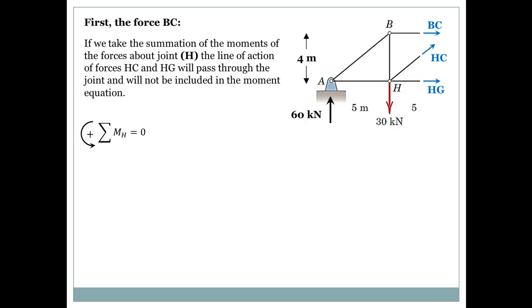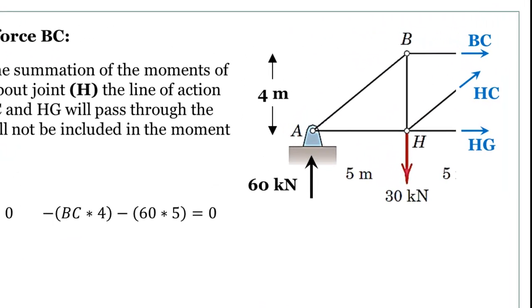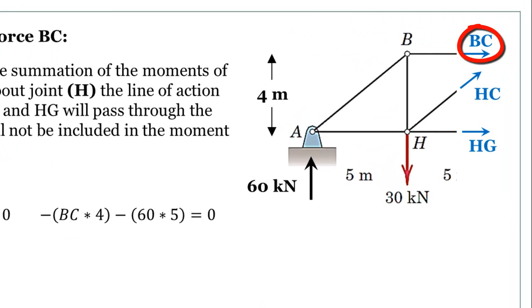So this is my summation of the moments about H, and I will assume the counterclockwise direction to be positive. Okay, so what do we have? We have BC times 4, and it should have a negative sign since the direction of the rotation is clockwise, which is opposing what I'm assuming to be positive, the counterclockwise.